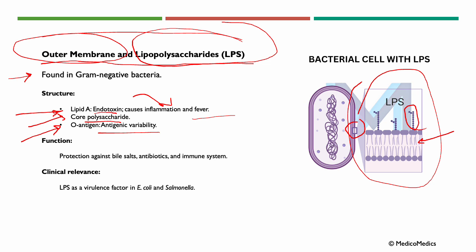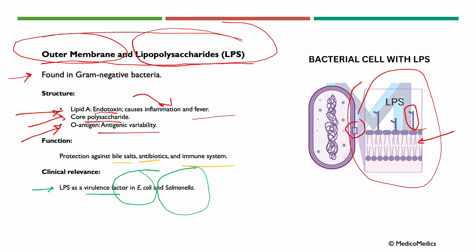And the function of this membrane and LPS is to protect against bile salts, against antibiotics, against our immune system. Remember, it can be resistant to phagocytosis. Now, the clinical relevance here is that LPS is a virulence factor in E. coli and, for example, Salmonella.